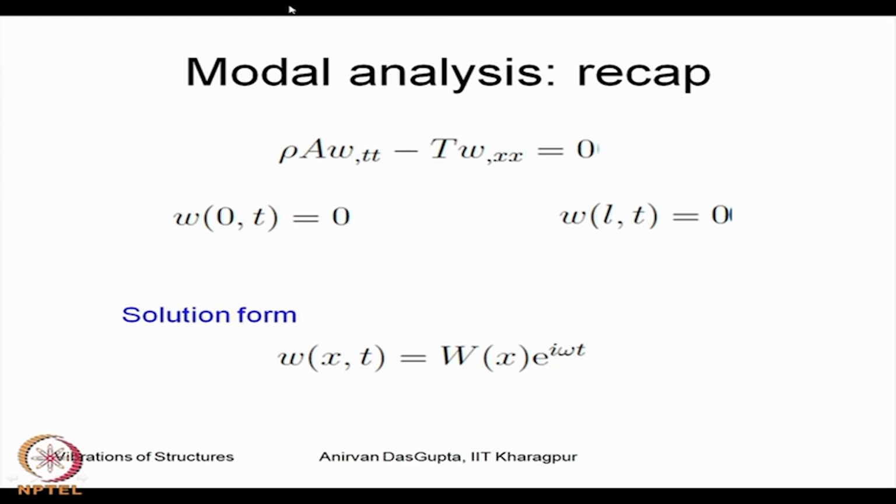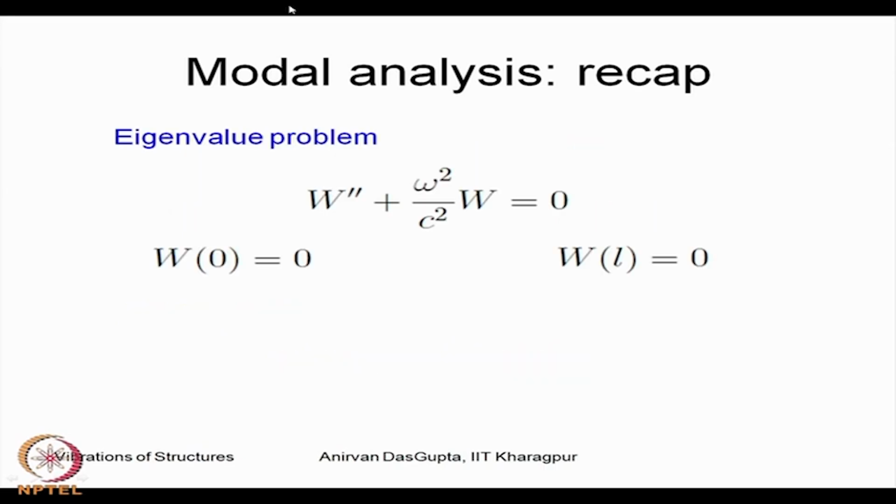Now, we substitute this solution form in the equation of motion, and what we obtained was the eigenvalue problem. The eigenvalue problem consists of the differential equation as shown here and the corresponding boundary conditions.